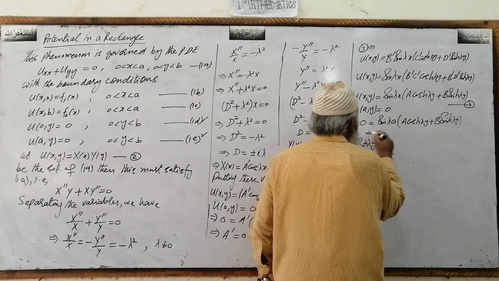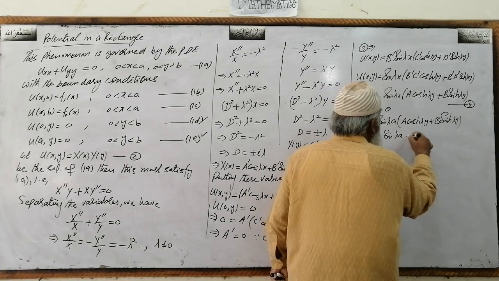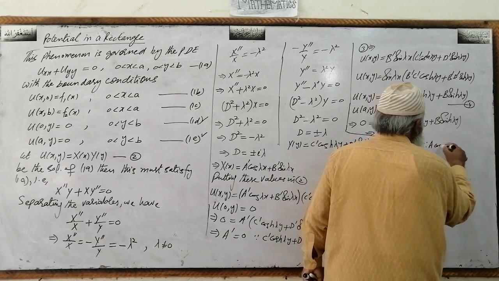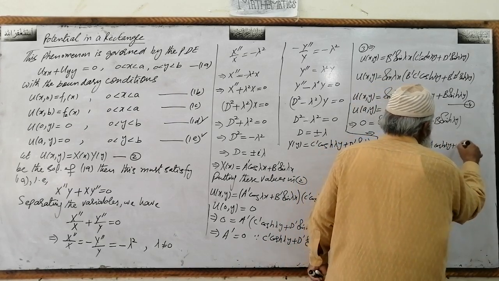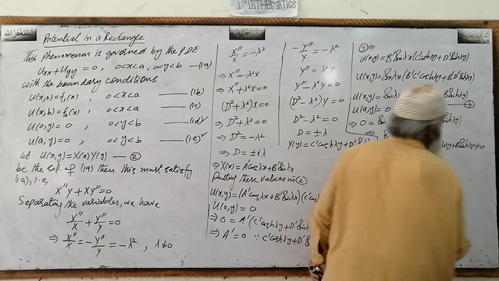Once again, this term will not be equal to 0, otherwise the solution will become 0. Therefore, you will have sine lambda a is equal to 0, and the reason is that a cos hyperbolic lambda y plus b sine hyperbolic lambda y is not equal to 0.